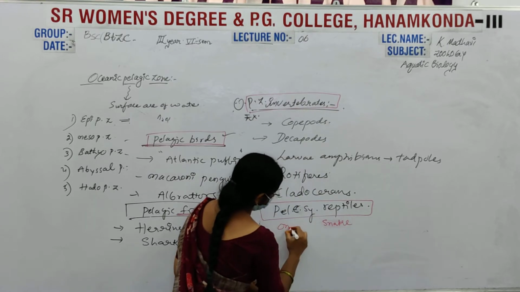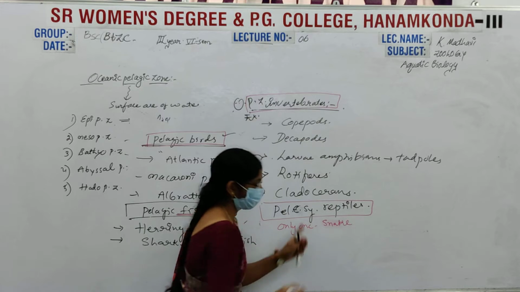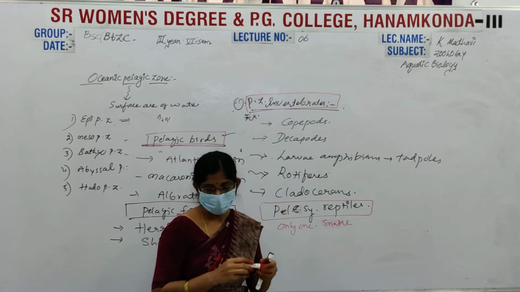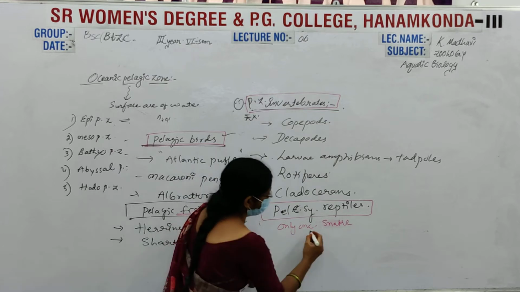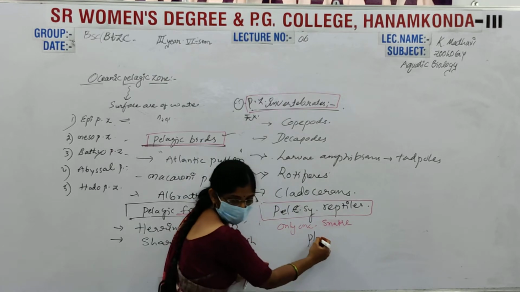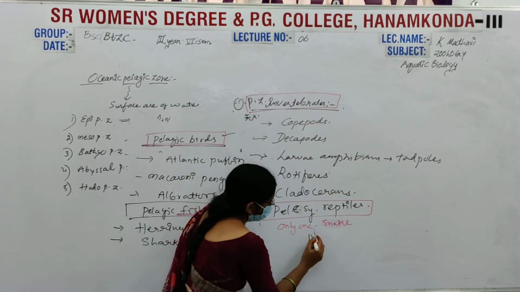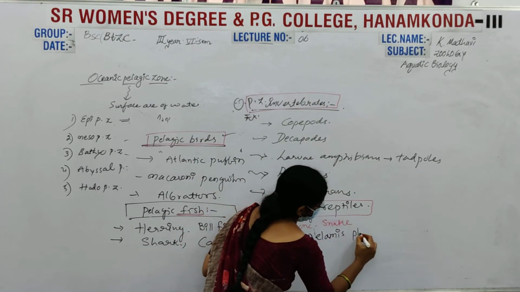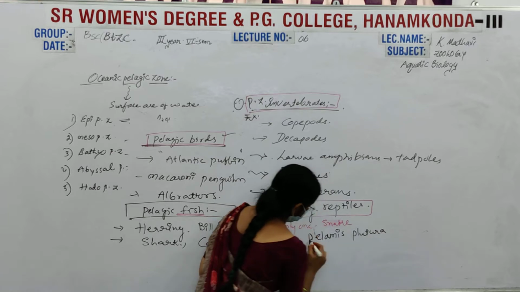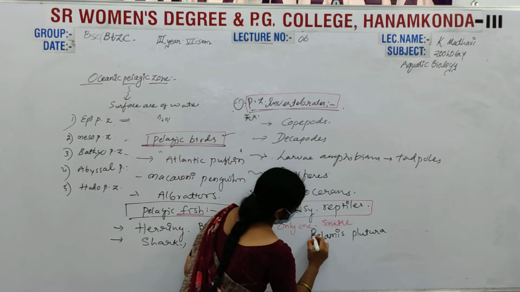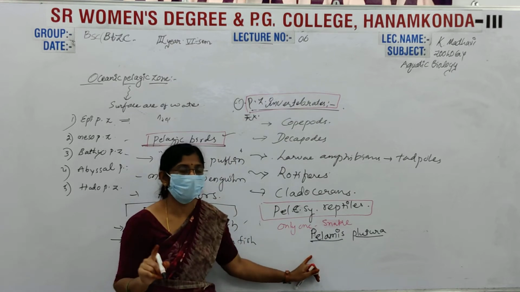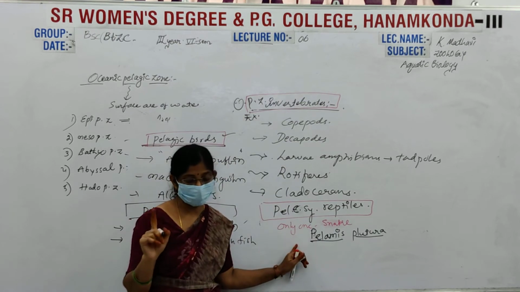Only one snake is present on the surface of this pelagic zone. Its name is Pelamis platura. That is the only single snake which is present in the pelagic ecosystem.